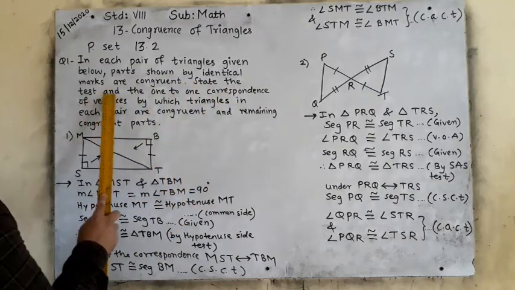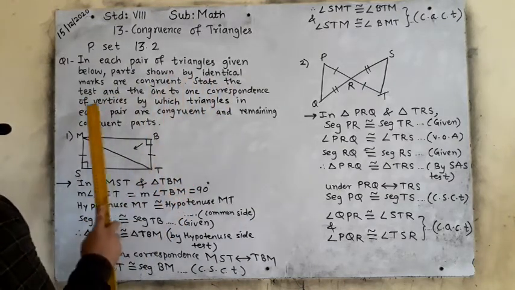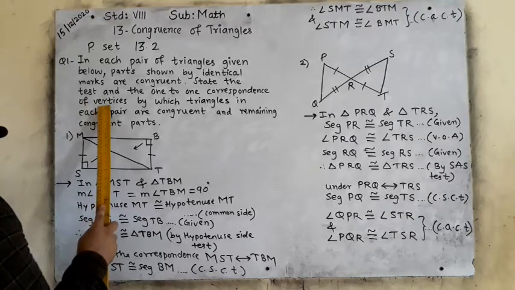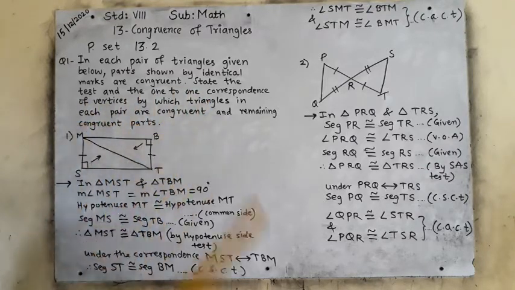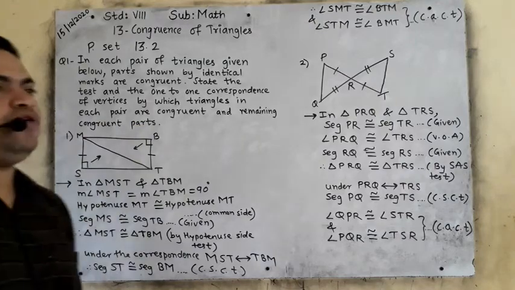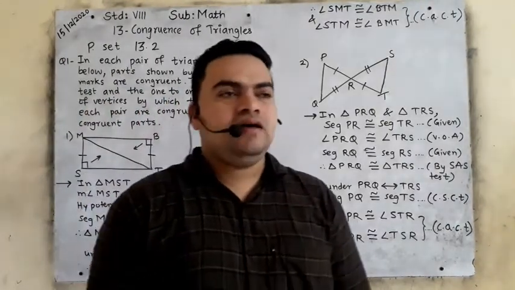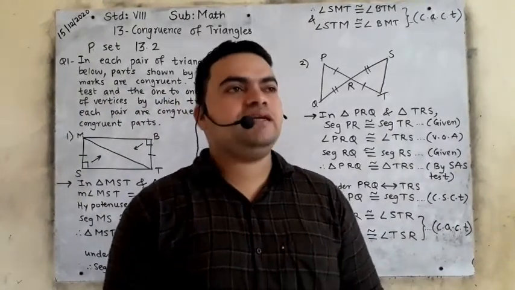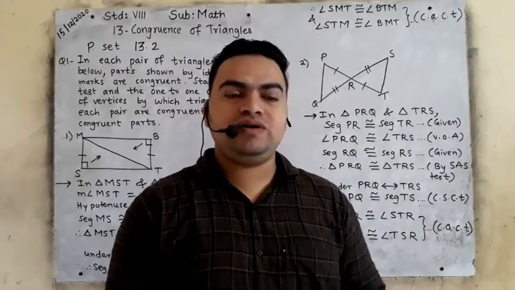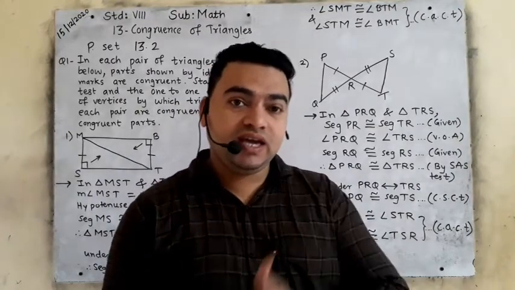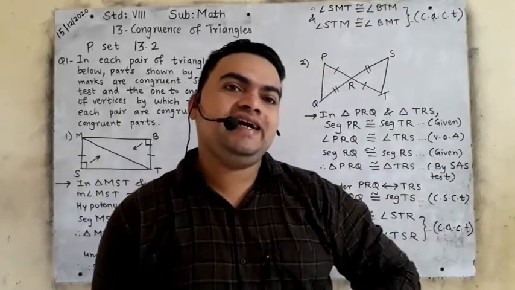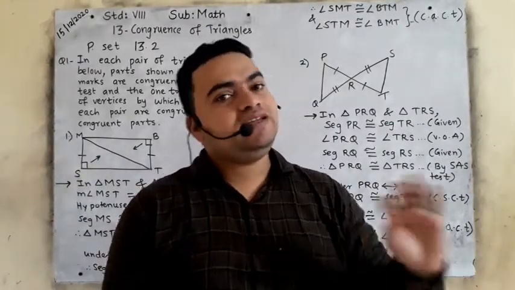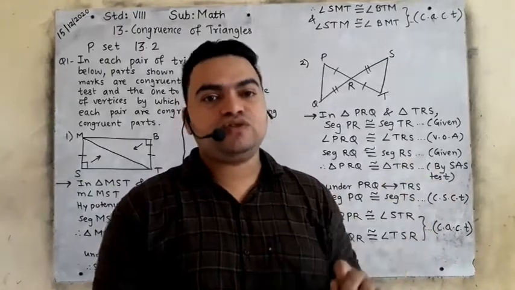State the test and the one-to-one correspondence of vertices by which the triangles in each pair are congruent, and the remaining congruent parts. It means we have to observe the given triangles, read the identical marks, and write the one-to-one correspondence of vertices: which angle is congruent to which angle, which side is congruent to which side. Very easy, and we know how to solve it.